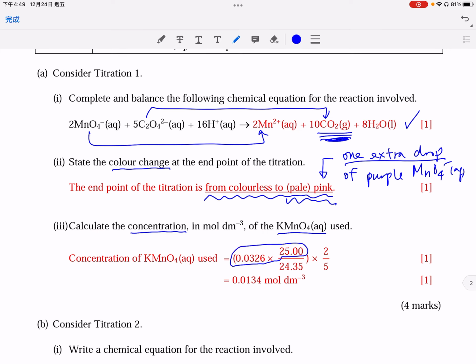Of course, right here the volume is expressed in cm cube, so you have to convert it to dm cube. Anyway, this factor will be cancelled out later on. So multiply them together, you get the number of moles of oxalate.